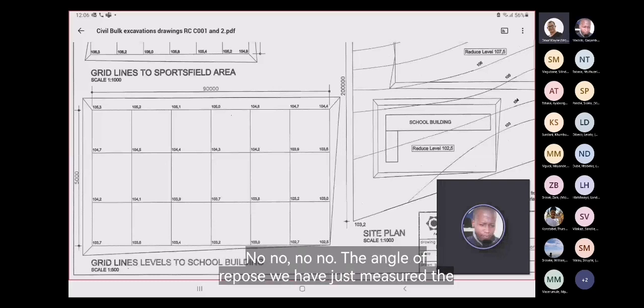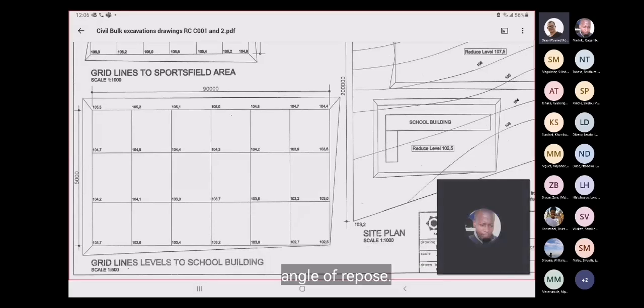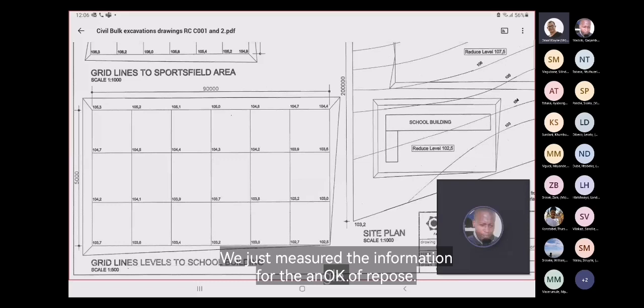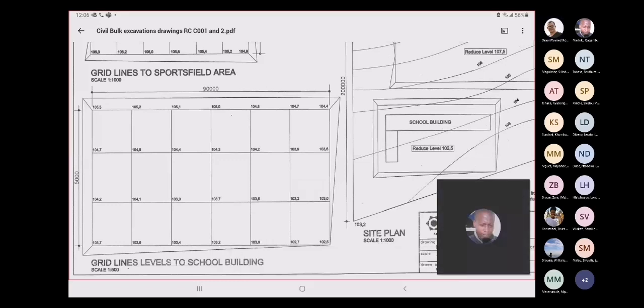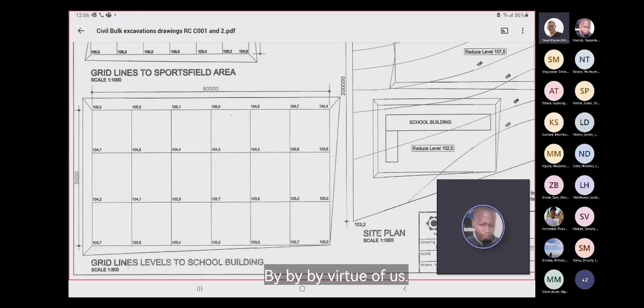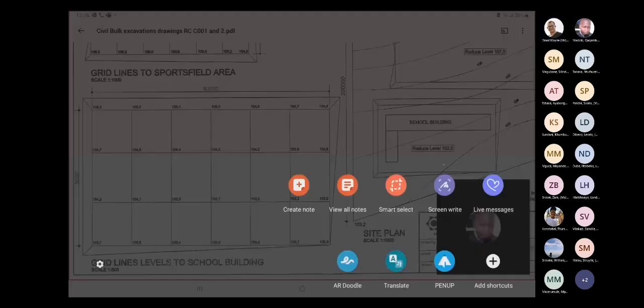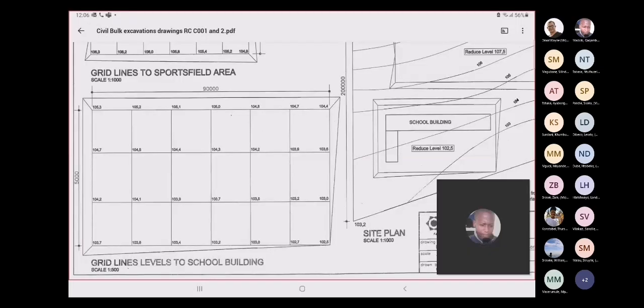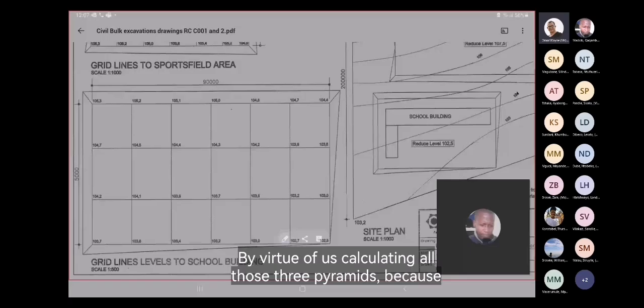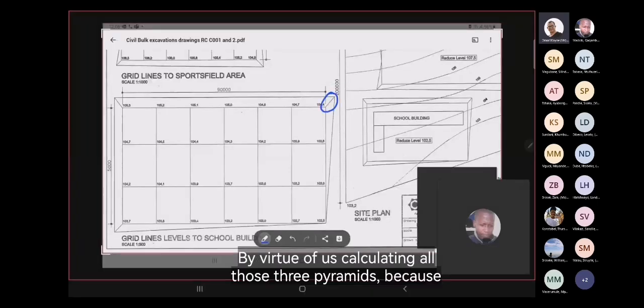No. The angle of repose, we have just measured the angle of repose. We just measured the expression for the angle of repose, by virtue of us calculating all those three pyramids.